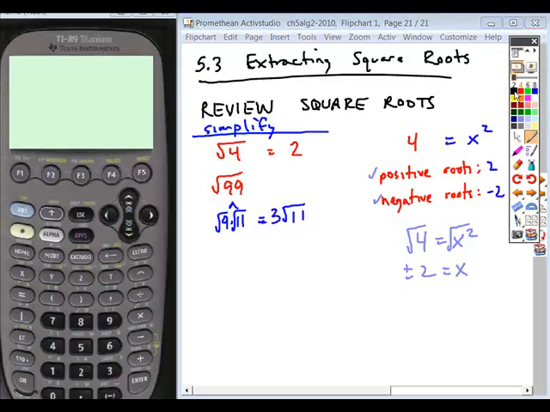Now, when you enter this online, here's the format you need to use. Always write the numerical part first, and then follow that with SQRT, and always put whatever's in the square root in parentheses. So 3 square root 11 is going to be entered online in this form. If you enter it any other way, it's not going to give you credit.